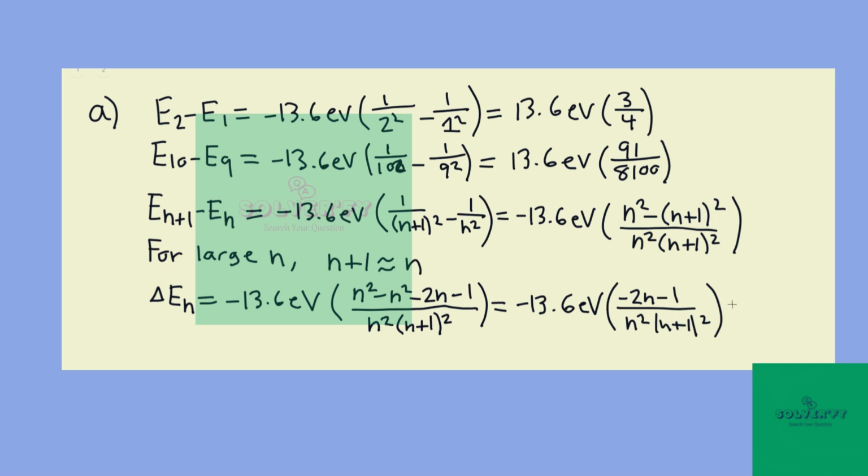And this is where the approximation comes in. And then we can pull out a negative 2. At this point, we have negative 13.6 eV, negative 2n over n squared times n squared.